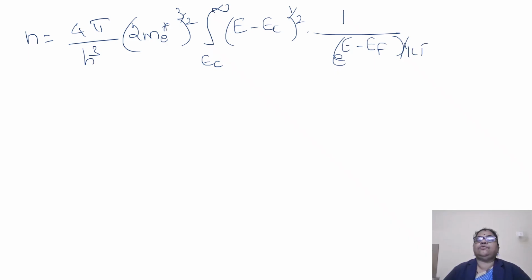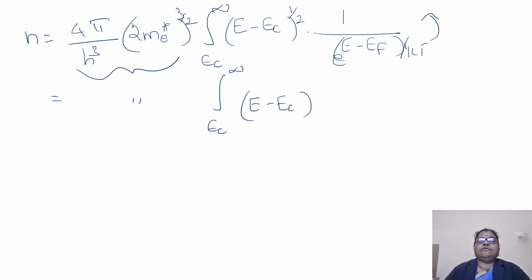First we need to move the denominator into the numerator. The whole first term stays the same, and we have the integral from Ec to infinity of (E minus Ec) to the power half, multiplied by e to the power minus (E minus EF) by kT.